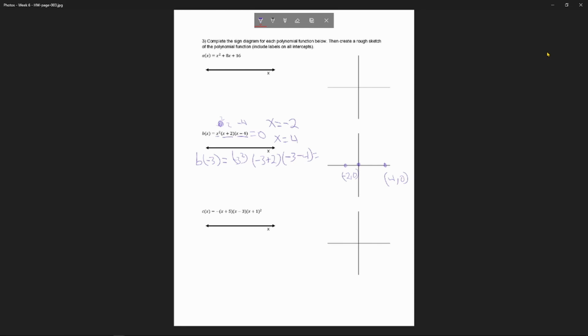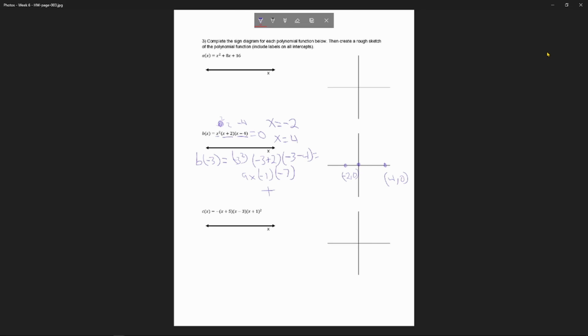So this here is going to be 9 times, this is going to be negative 1, and this is going to be negative 7. So all in all, this 9 is going to be positive. We have two negatives being multiplied, which will create another positive, which means this whole thing will be positive.